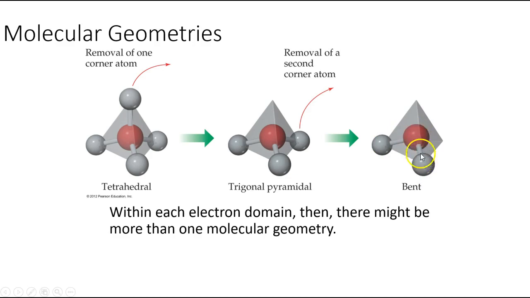Water has what we call a bent geometry. There's still a tetrahedral electron geometry, with a non-bonding pair going in that direction and a non-bonding pair going in that direction, but the atoms themselves, hydrogen, oxygen, hydrogen, give what's called a bent shape. So for each electron geometry, the possibility exists that there's more than one molecular geometry. And for tetrahedral, we have the possibility of tetrahedral, trigonal pyramidal, or bent.